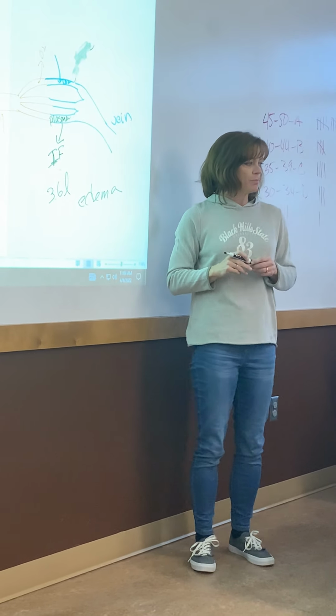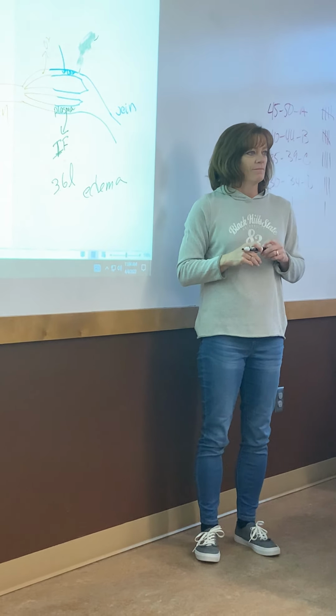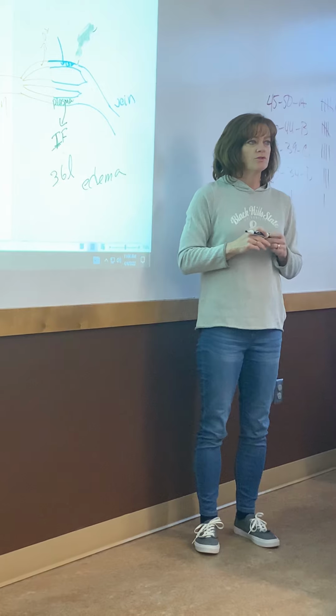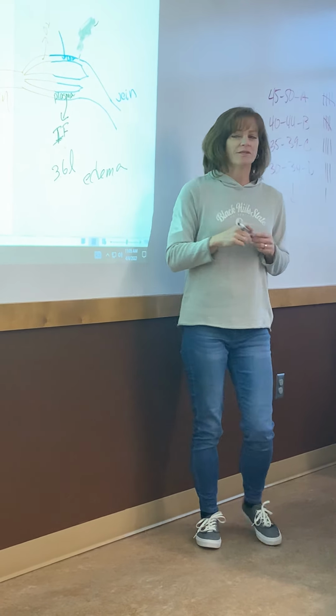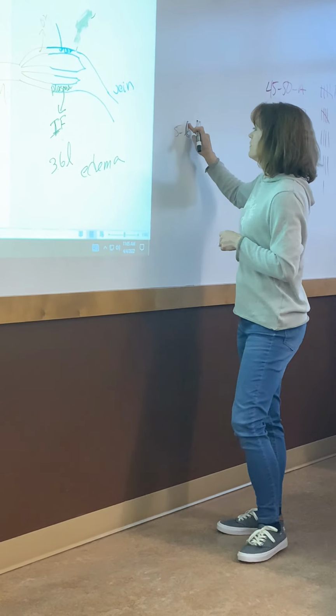Do you remember how much blood we have in our body? 1.5 gallons, which equates to how many liters? 5 to 6. We have 5 to 6 liters of blood in the body.